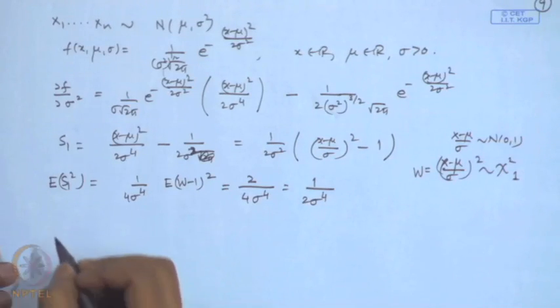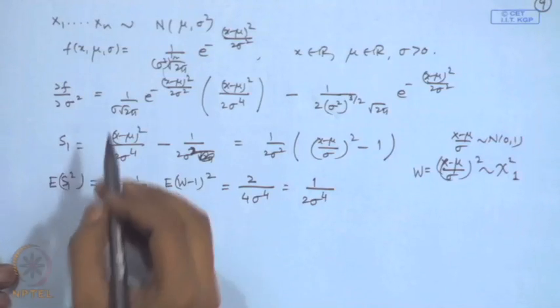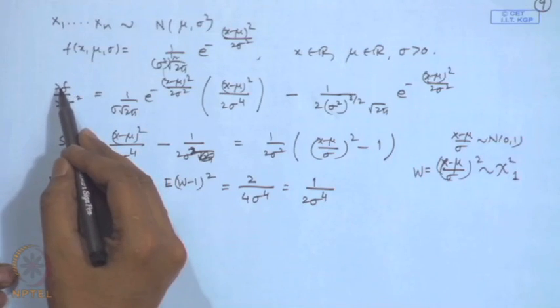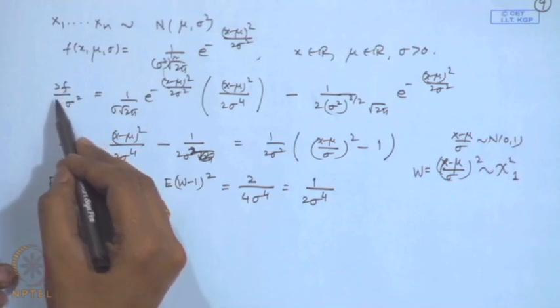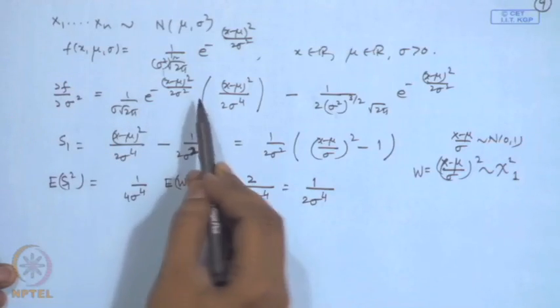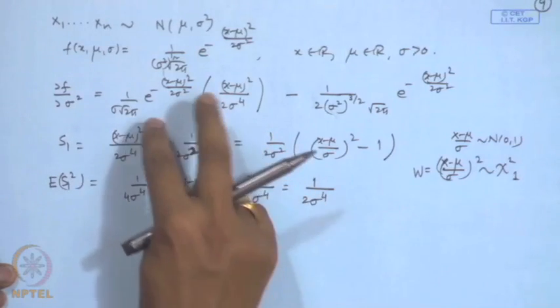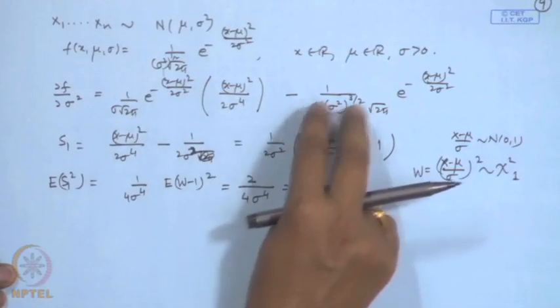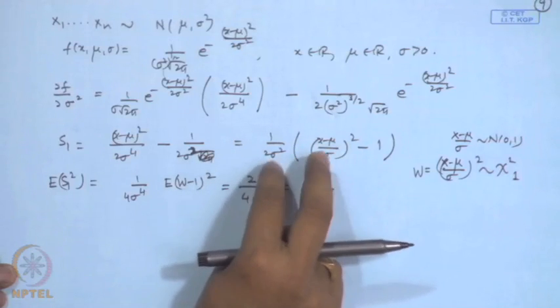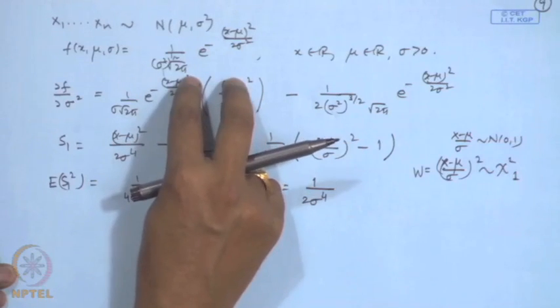Now, if we calculate S 2, S 2 will involve the second derivative here. So, if we consider the second derivative of this, then this density multiplied by this term you have to differentiate, and then differentiate the density also.